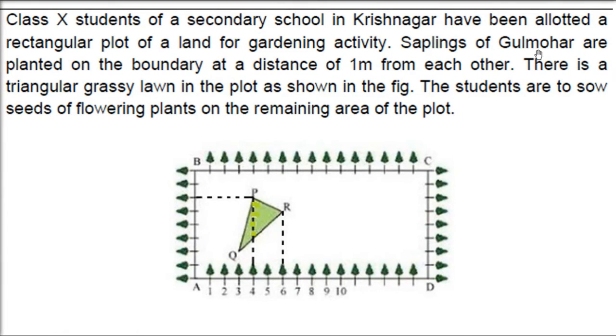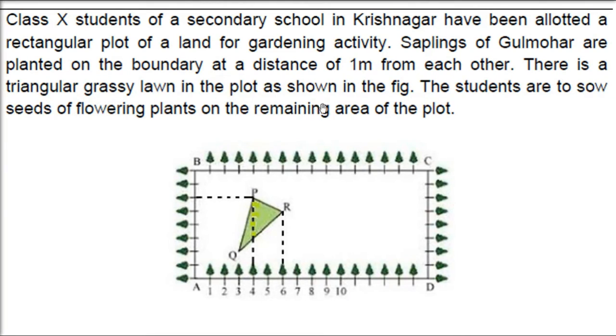Saplings of Gulmohar, a very nice tree with red flowers, are planted on the boundary at a distance of 1 meter from each other. These are the plants in green, 1 meter each.